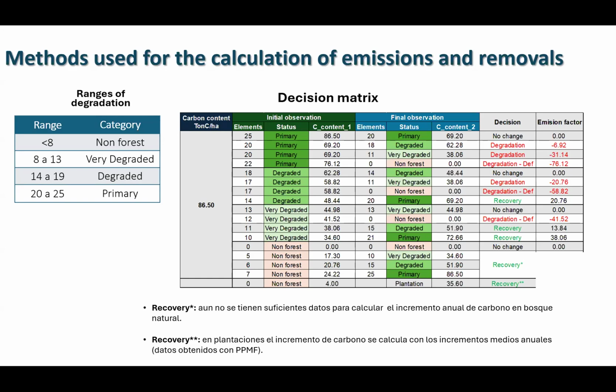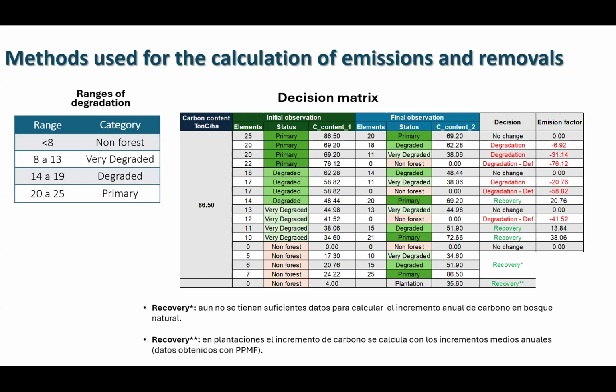If the plot lost 3 elements, we are seeing the relative carbon content of those 3 elements, and it represents maybe 6.9 tons of carbon that the plot lost. And this second approach is important because we apply it the same way for deforestation, which allows for consistency in the calculation of emissions and removals.